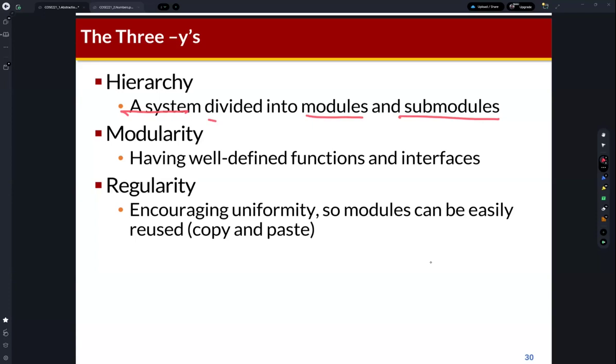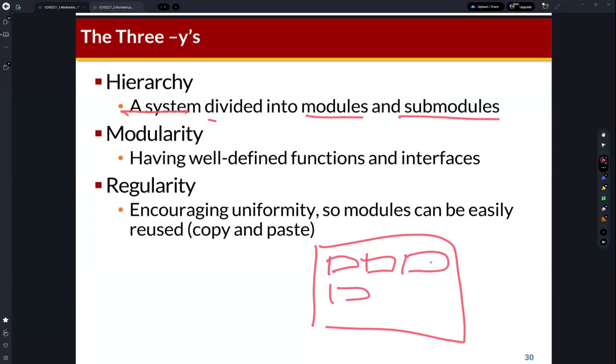So different levels. But in computer design or in digital design, hierarchy means that a large module includes many sub-modules, like this. So these sub-modules are included in this large module.